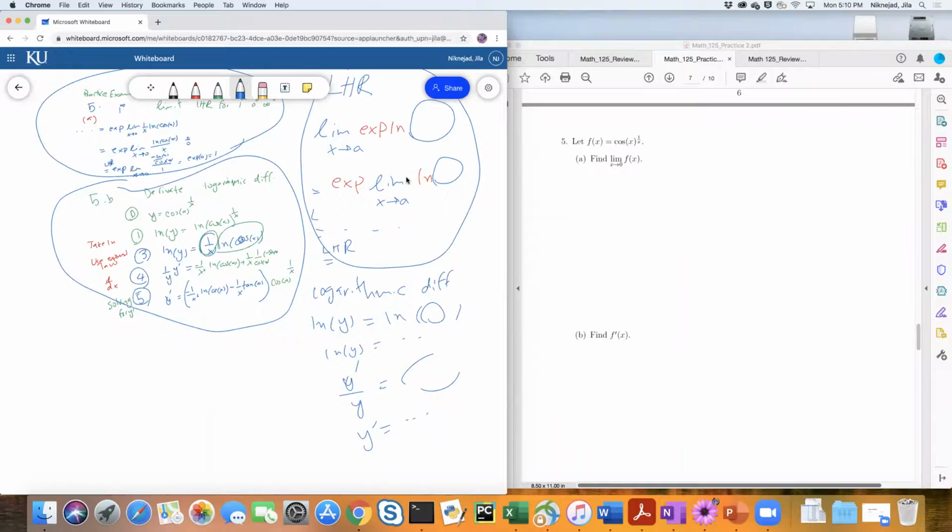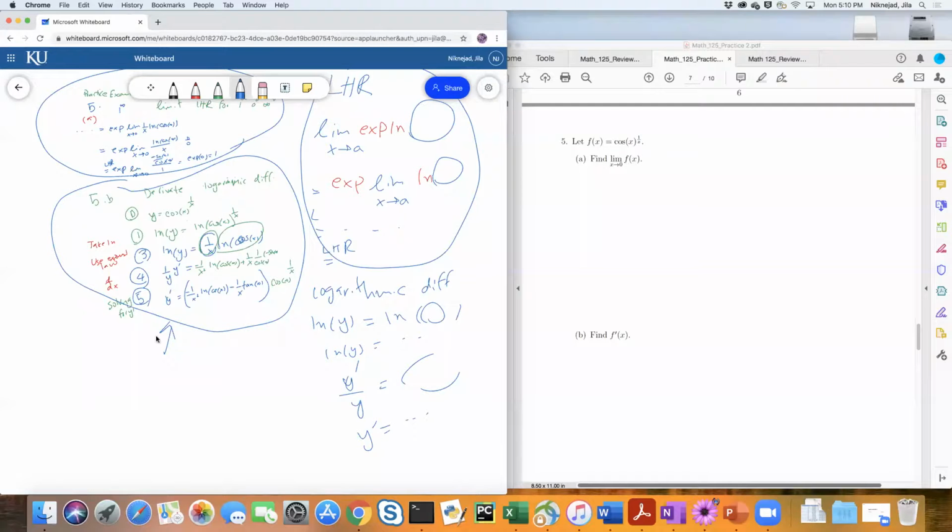So yes, a lot of times we tell you to use logarithmic differentiation if the function looks like something with variables to the power of something with variables. The only one that is obviously logarithmic differentiation is that one. The rest of them, you can do other methods.